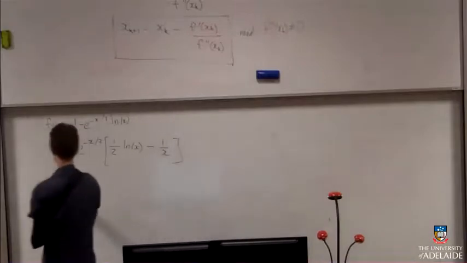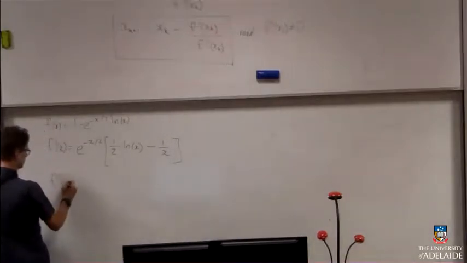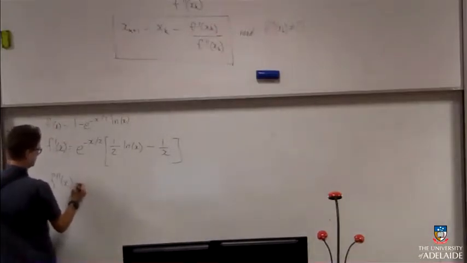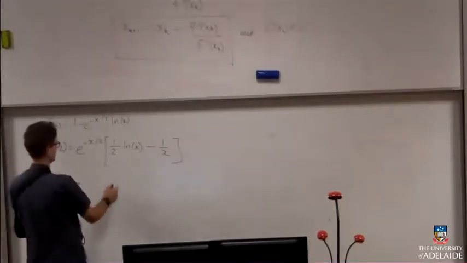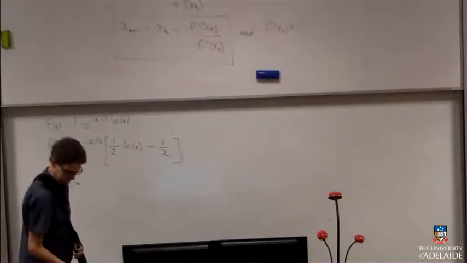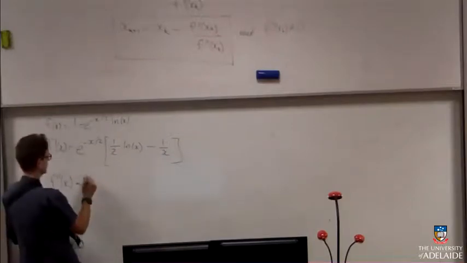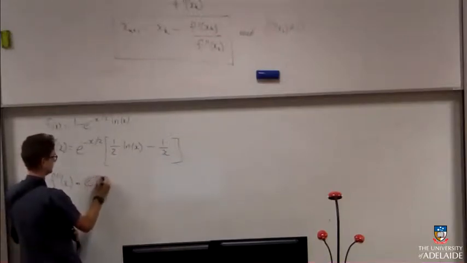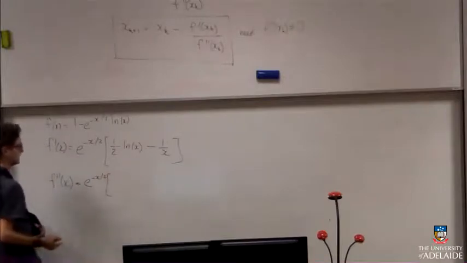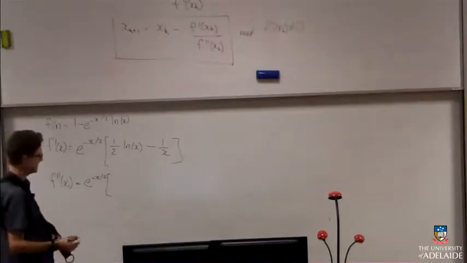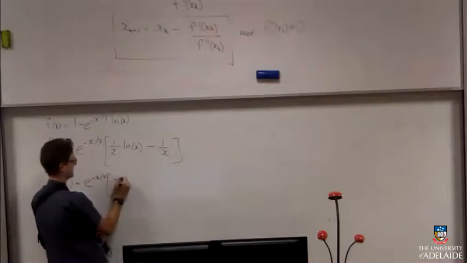The pain here is that I also need the second derivative. Right, so now I've got to do another differentiation. So let's see. I'll keep that out the front, and then I need to differentiate inside here.